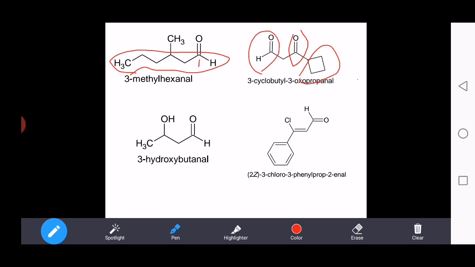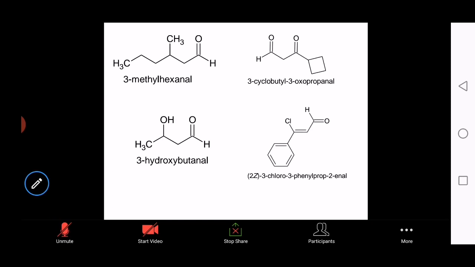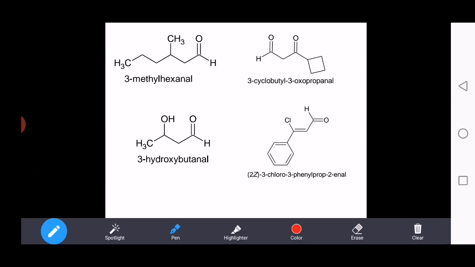So, going back to the table of priority, aldehyde has higher priority compared to ketone and also alkane. That's why it gets the name 3-cyclobutyl-3-oxopropanal. We need to see where the longest carbon chain containing the aldehyde is, this one.